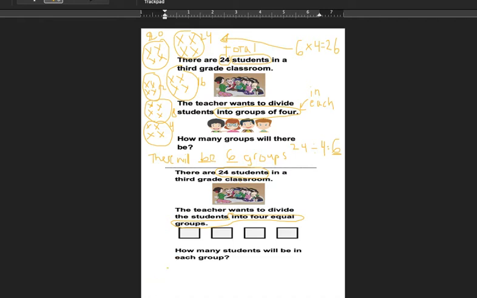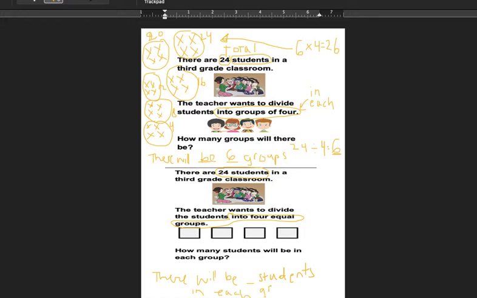So my answer statement should use the same words that are in the question. How many students will be in each group? There will be blank students in each group.